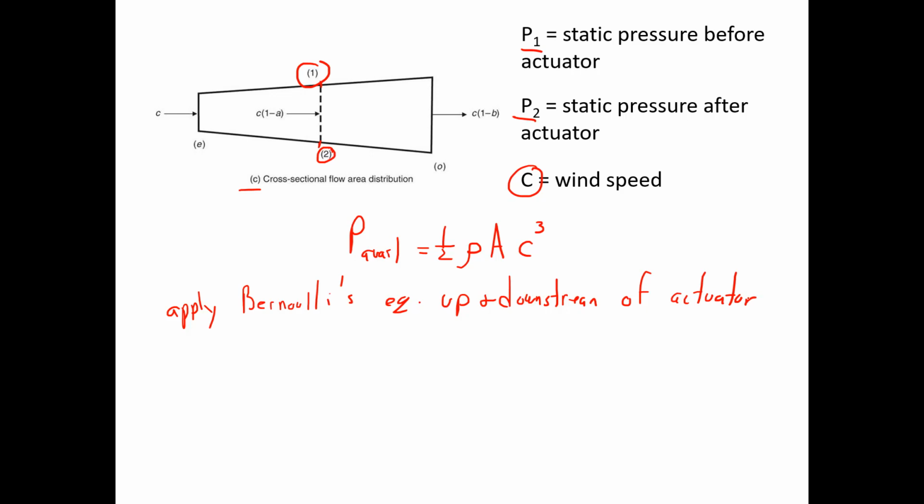Upstream, we're going to call this point E, which is entering into the actuator, and point 1 when it hits the actuator. So I'm applying Bernoulli's equation between point E and point 1, upstream of the actuator, and downstream of the actuator, between point 2, which is just after the turbine, and point O, which is some point way outside the turbine. If I apply Bernoulli's equation to those 2 points, this is what I'm going to get.